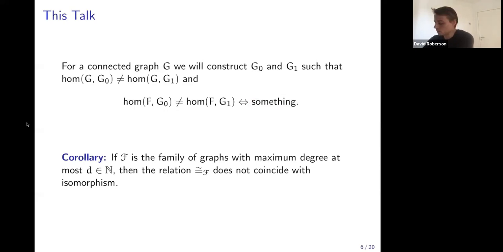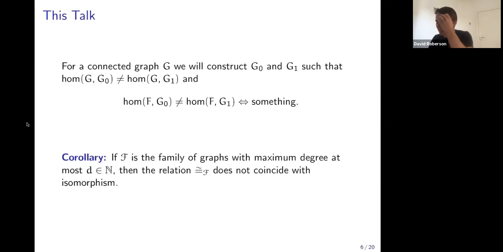I think this to me was somewhat of a surprise, because at first guess, I would have said that even for, say, graphs of degree at most 3, you would get isomorphism, just because graphs of degree at most 3 are already a quite rich family. It seems like you should be able to construct the homomorphism numbers from any graph by making some sort of bigger max degree 3 graphs. But that turns out not to be the case.